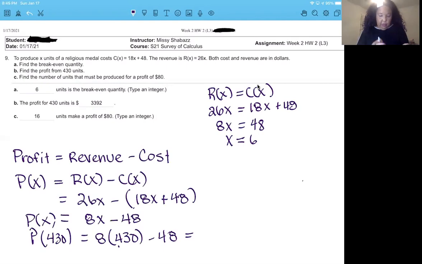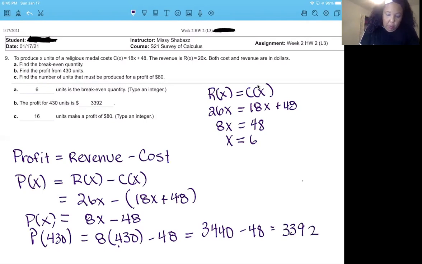Eight times 430 is 3,440 minus 48 is equal to 3,392. So our profit is $3,392.